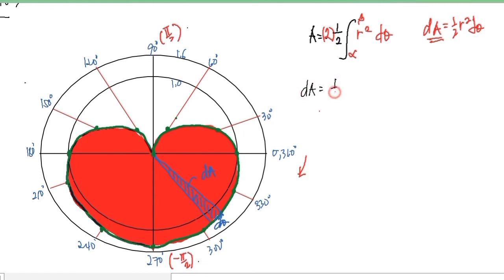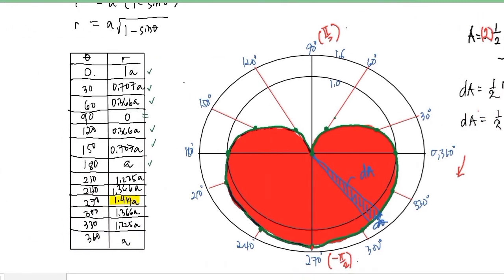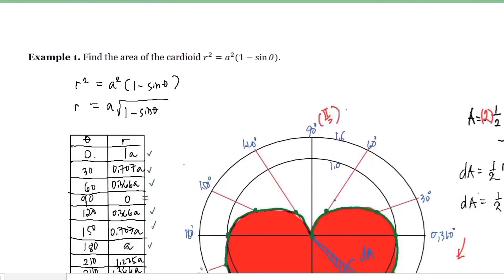Since this is 1/2 r squared d theta. Okay? So, the differential of area is equal to 1/2. Ano nga yung r natin? So, since r squared ito, tingnan nyo yung equation natin. Yung equation natin, as you can see, naka-express ito in r squared.